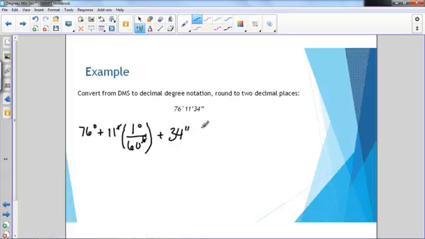Plus 34 seconds. So here I need to cancel out my seconds, which gives me 1 minute on top. This is going to cancel out my seconds, but I'm still left with minutes, so I have to use the other conversion, 60 minutes, 1 degree.